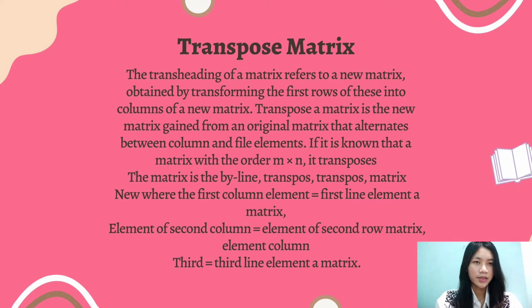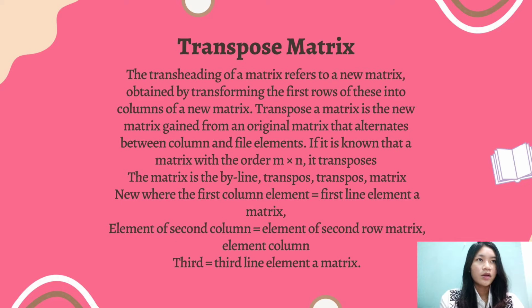About transpose matrix. The transpose of the matrix refers to the new matrix obtained by transforming the first row of the matrix into the column of the new matrix. Transpose of the matrix is the new matrix gained from an original matrix that alternates between column and row elements.